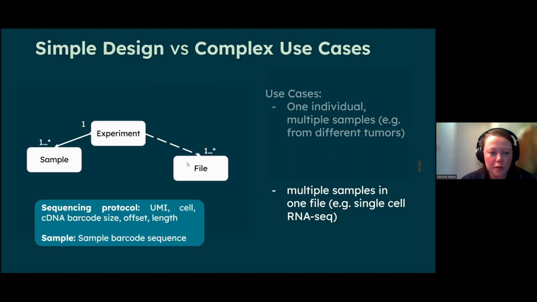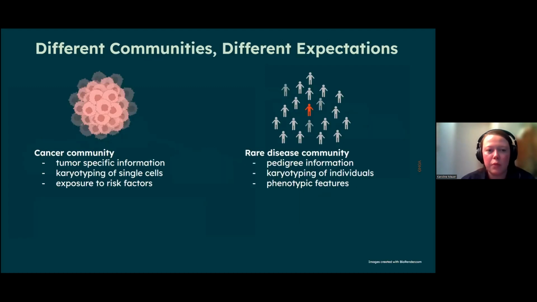This means in turn that sample and file have a many-to-many relationship, meaning one sample can have multiple files and one file can have multiple samples. In addition, we capture the barcode size, offset, and length in the sequencing protocol and the sample barcode sequence in the sample spreadsheet. And this is in accordance with the MinSeq Plus standard.